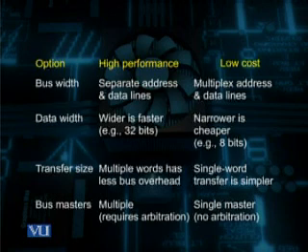Furthermore, based on the transfer size, multiple words are transferred for high performance systems, and it offers less overhead, while the single word transfer is used for low cost designs as it is simple.